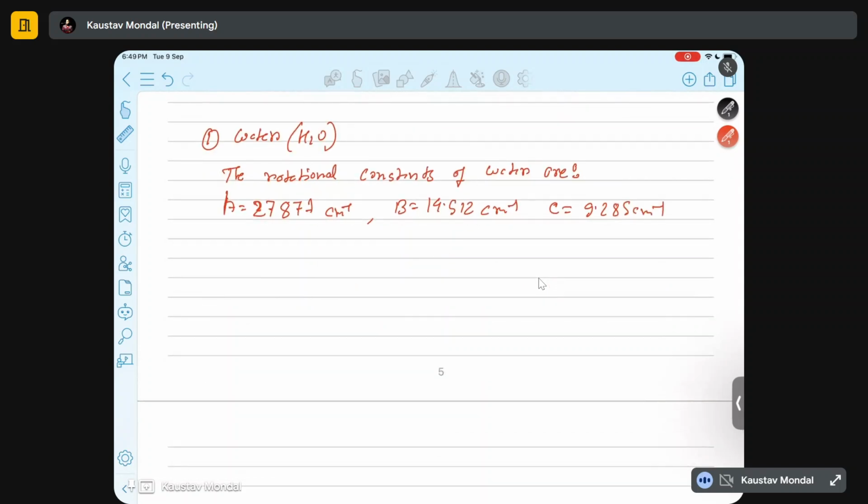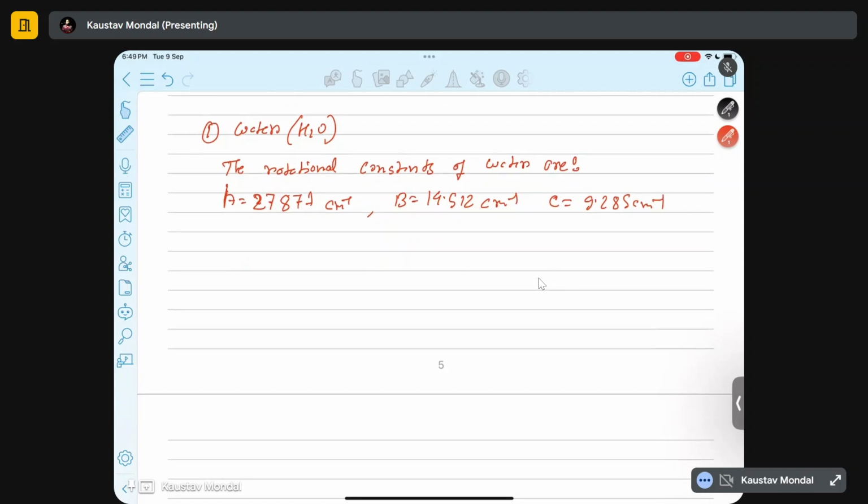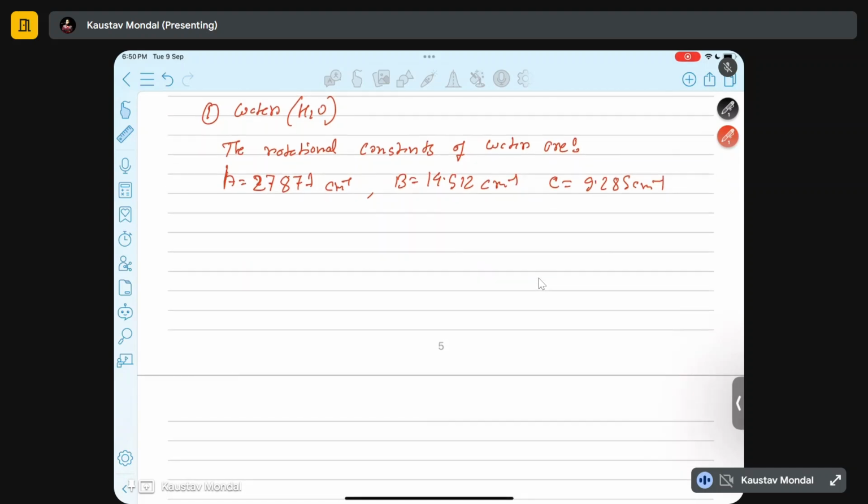Now we simply have to substitute all this into the expression of the rotational partition function. For an asymmetric top, let me just write the formula once again.